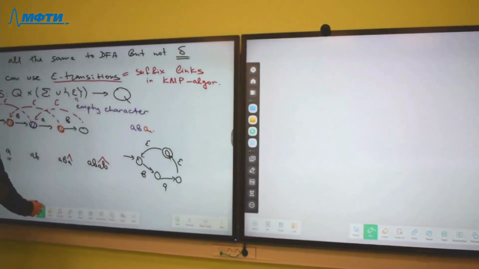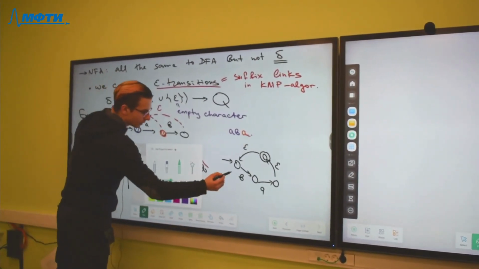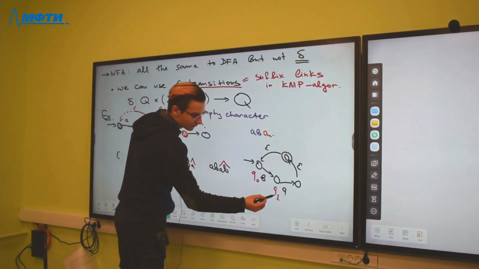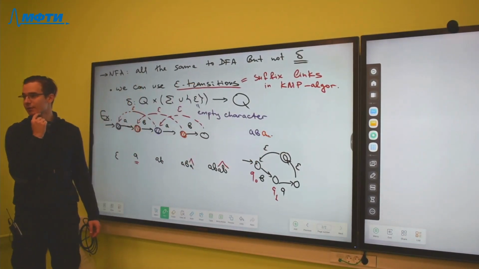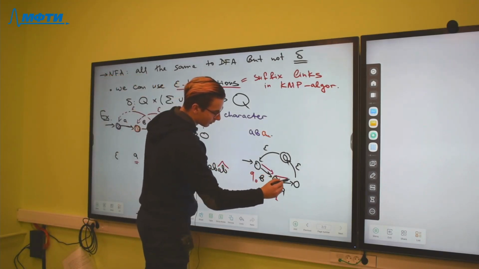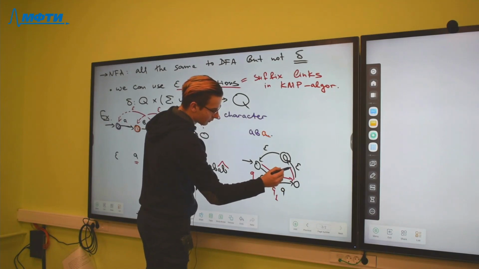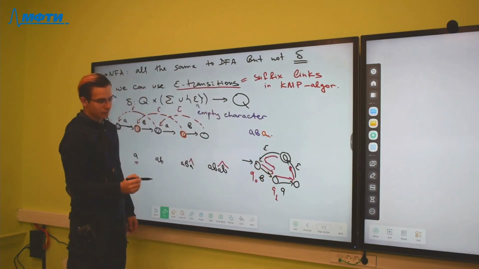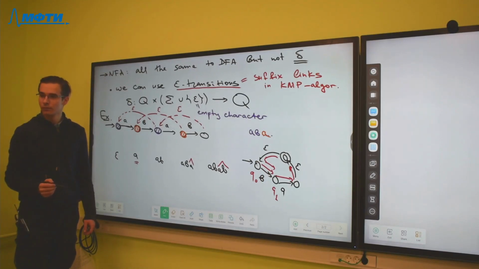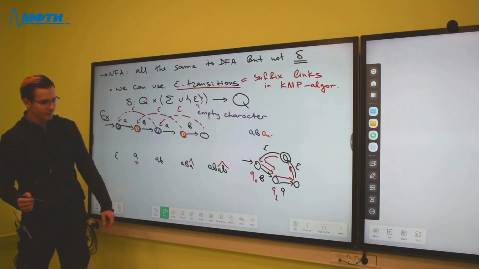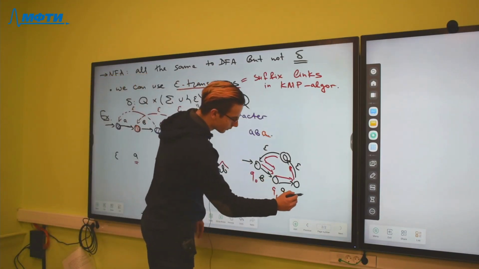BAB from the initial state to this state, not to the final state. Can you say that we have also BA, a path from Q0 to Q2? Yes.